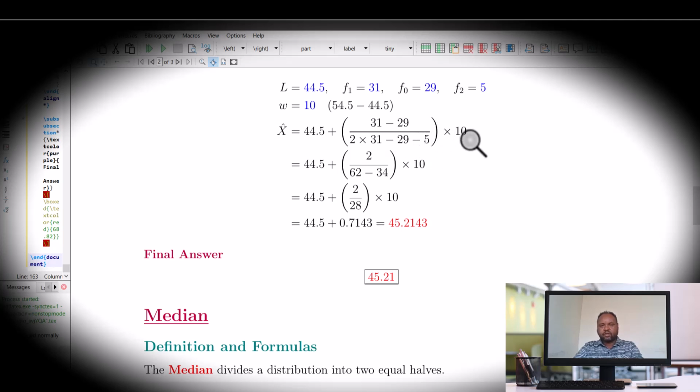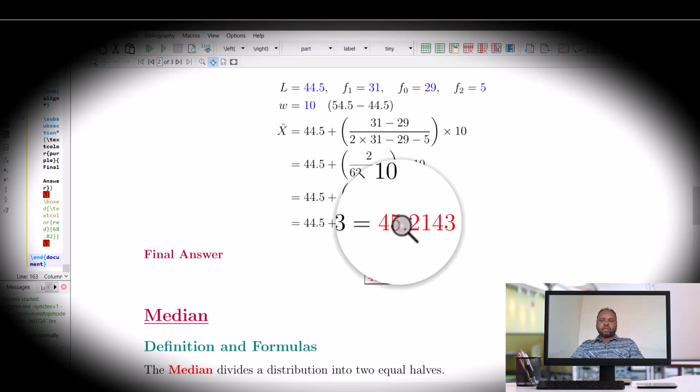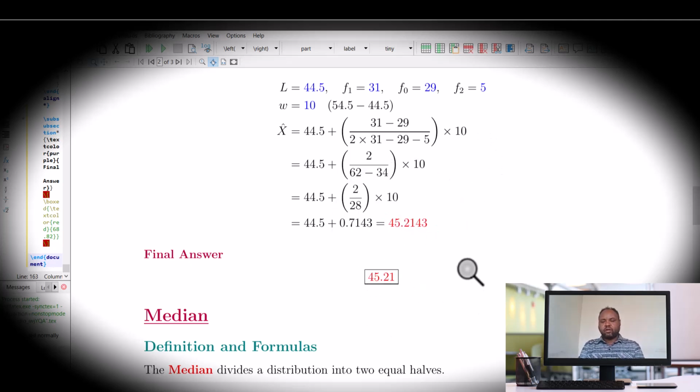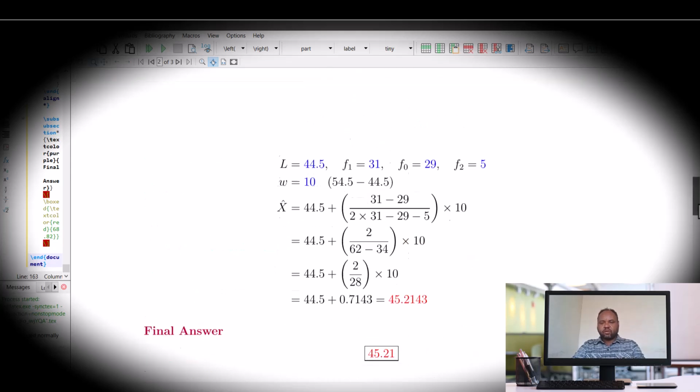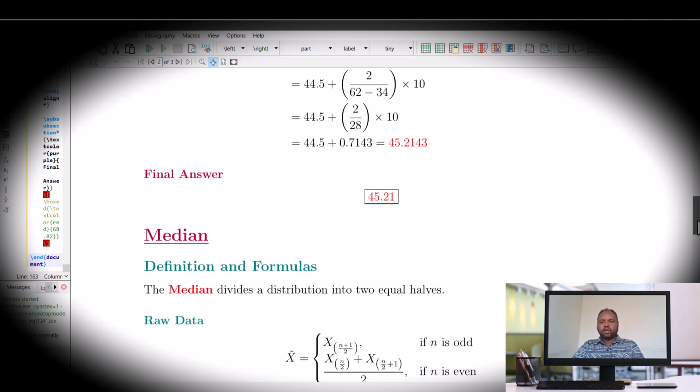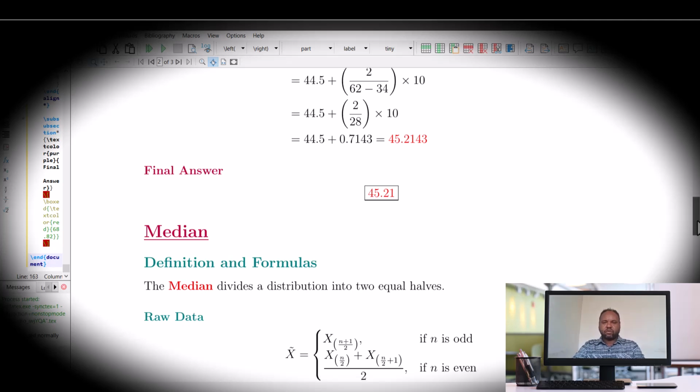Then we multiply by the class width. At the end of the day, we come up with this result. So 45.21 is the modal value, or the modal mark of the students.